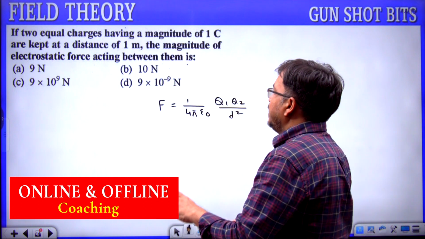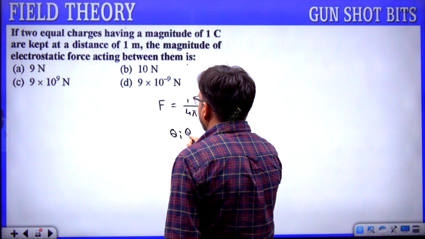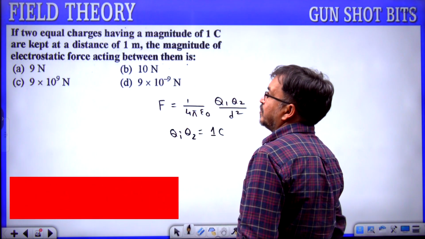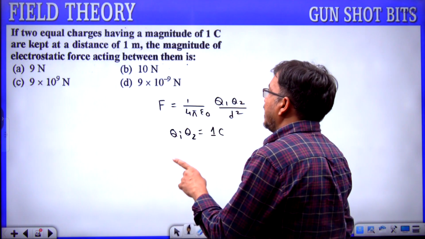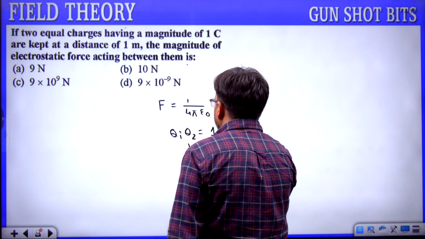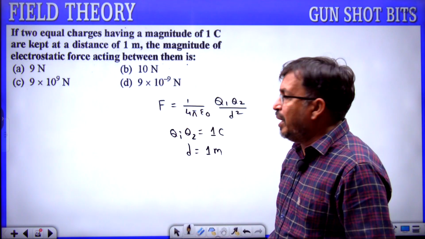2 equal charges means Q1 equals Q2, and that is given as 1 coulomb. They are kept at a distance of 1 meter, so d is 1 meter.